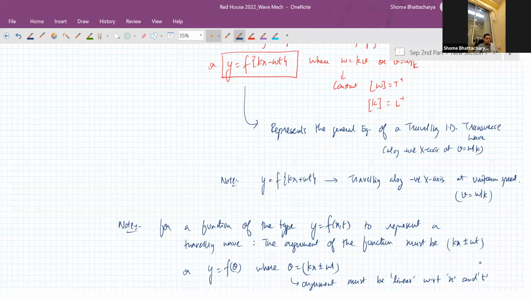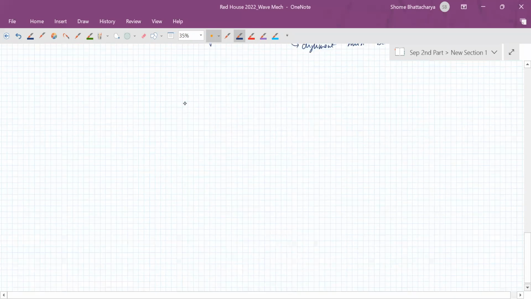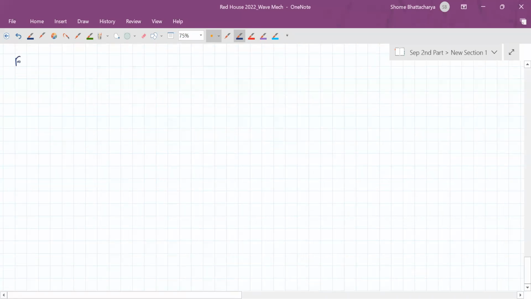Okay, so as far as such a limitation is concerned, before we get into that, let's see a couple of examples. Let's say this is a function that we have.